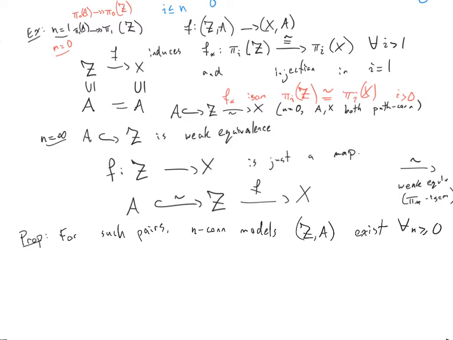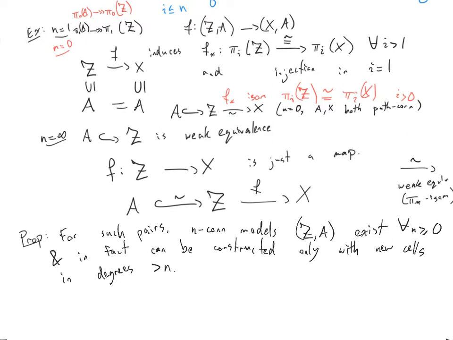And in fact, it can be constructed only with new cells in degrees bigger than or equal to n. Strictly bigger than n. So they can be constructed from A.